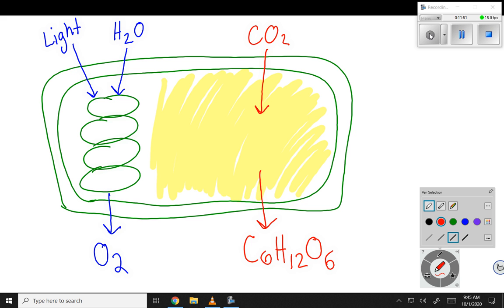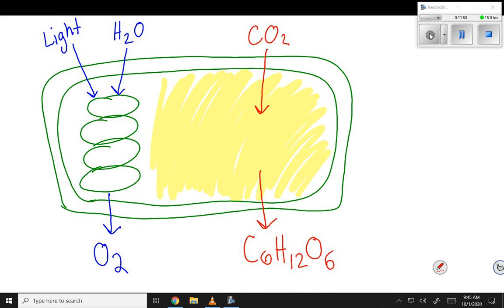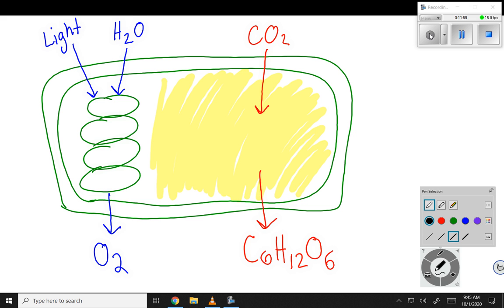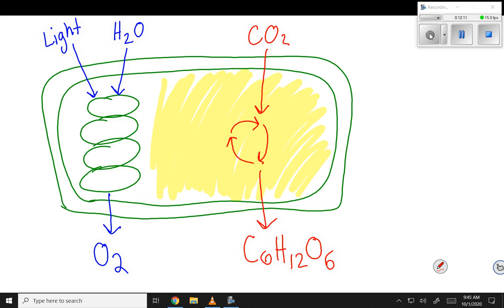And what powers this reaction? I'm gonna go ahead and add this little cycle symbol right here that represents what's happening in step 2. And then I'm gonna get us a new color because ATP is powering this reaction.